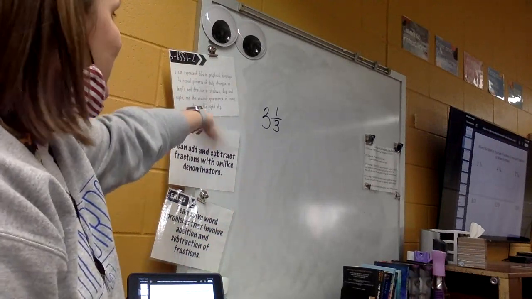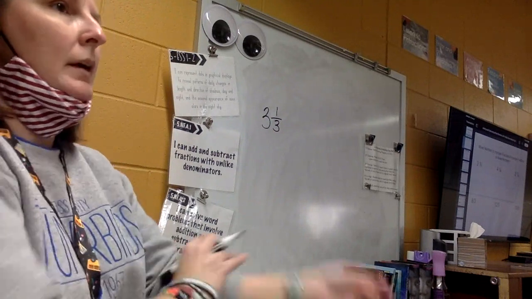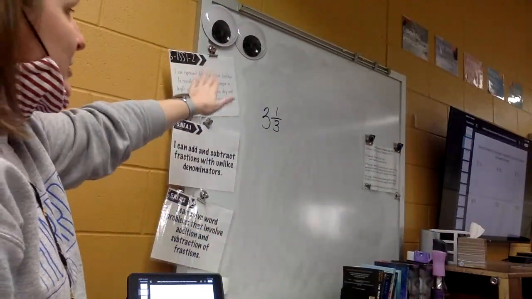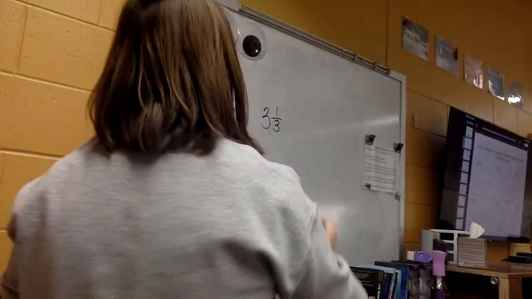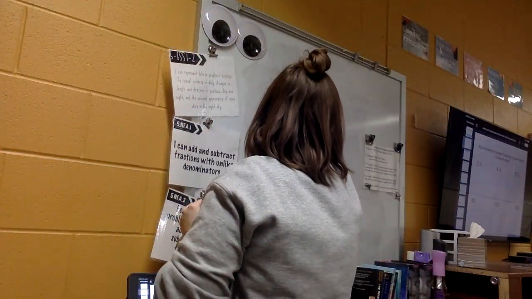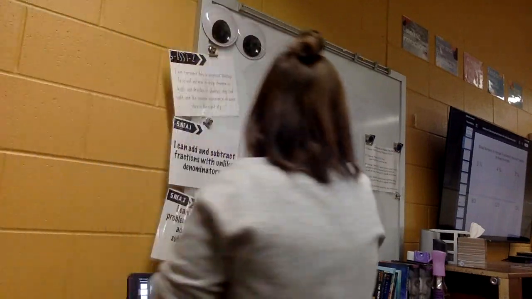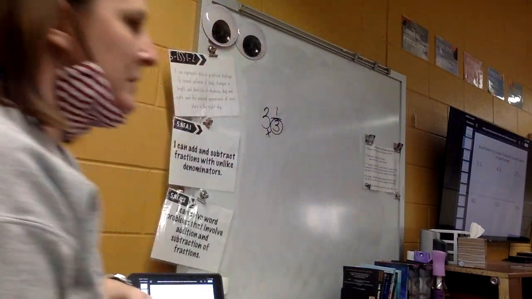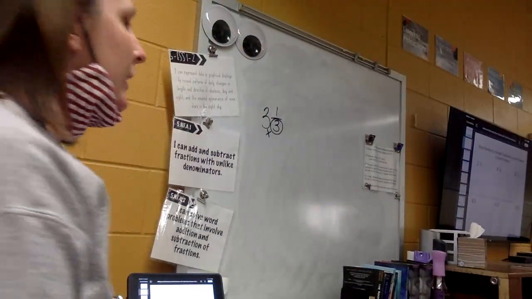So we are going from a mixed number to an improper fraction. What was an improper fraction again? The numerator's bigger than the denominator. So, in order to change this into an improper fraction, I start with my denominator. I'm going to multiply my denominator times my whole number, which is 9 in this case.